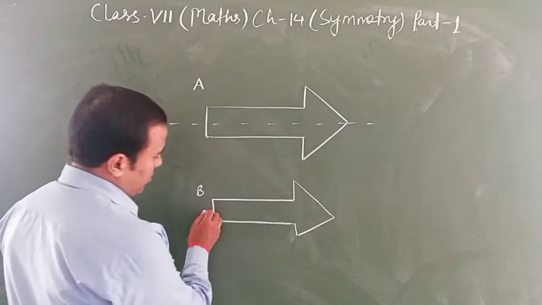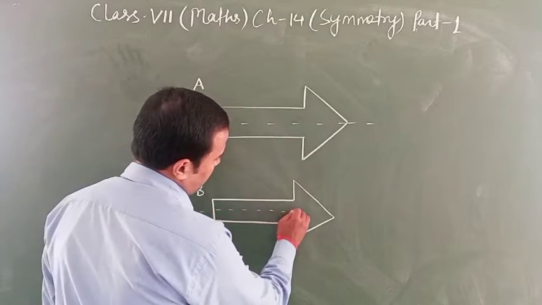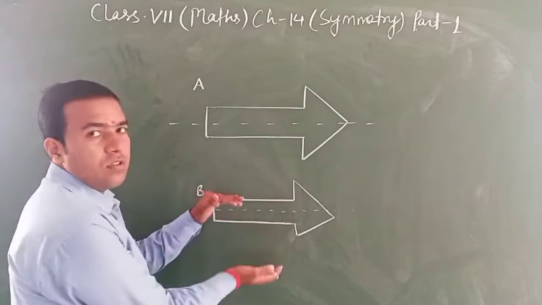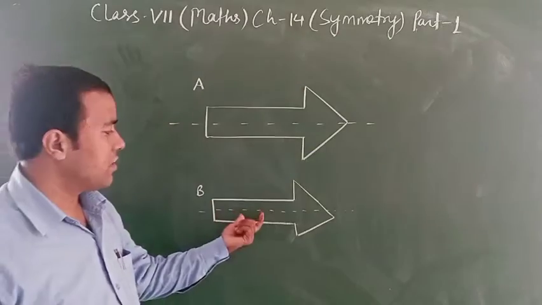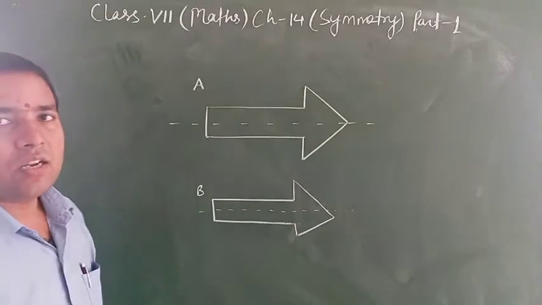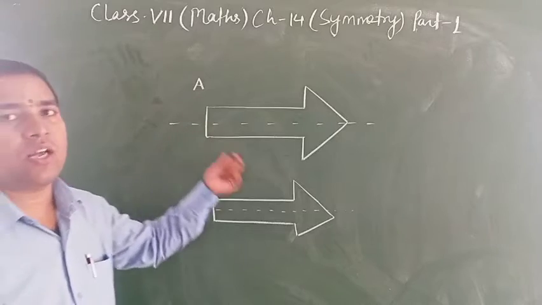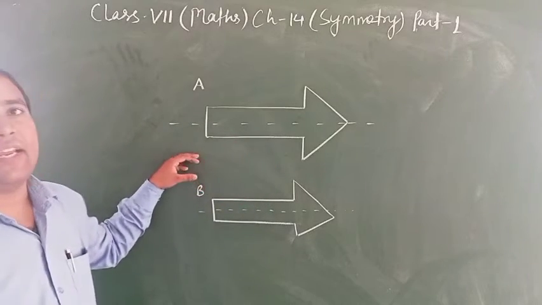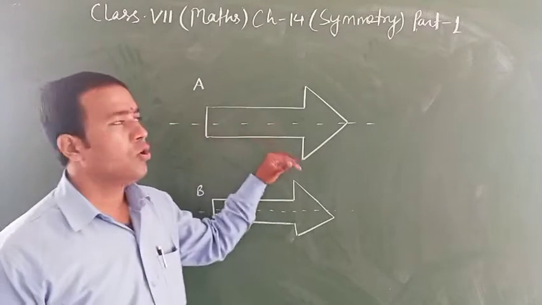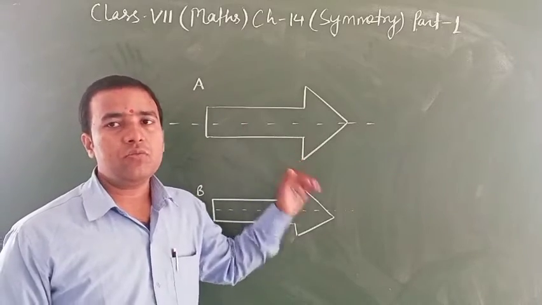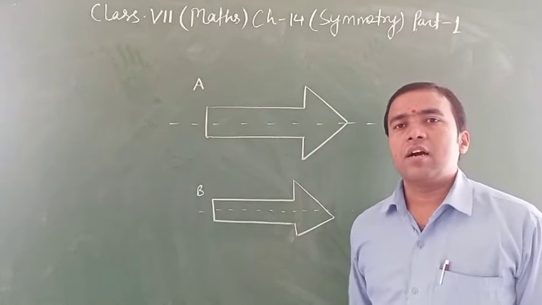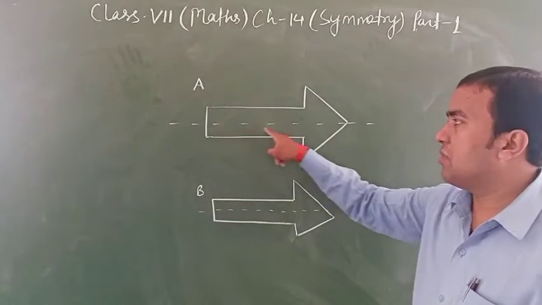If here we make a line that does not give equal parts, and we fold it, it is not in symmetrical form, but this arrow is in symmetrical form. One more time I am explaining: any line splitting a shape into two parts such that the two parts are the same is called a line of symmetry.